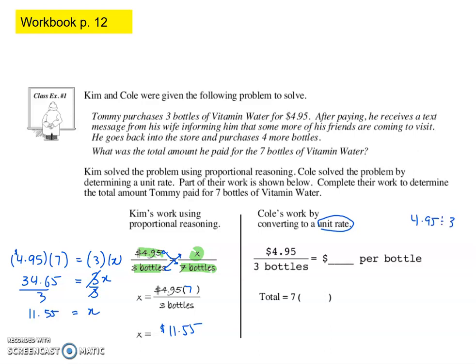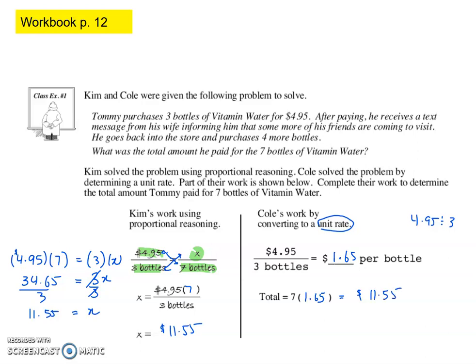So the numerator divided by the denominator gives us 1.65. So that tells us $1.65 per bottle, because remember, bottles are in the denominator. So $1.65 per bottle. And then we take that price, and because we're buying 7 of them, we multiply these two. So the multiplication of these two will give us the exact same cost, which is $11.55. So 2 different ways.